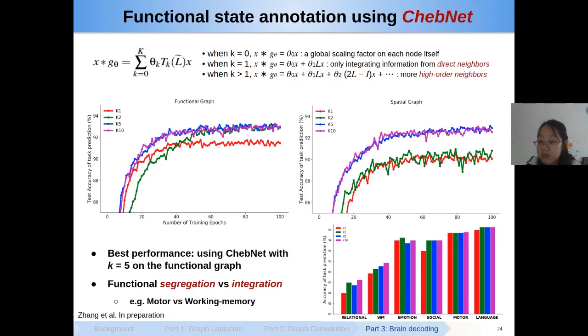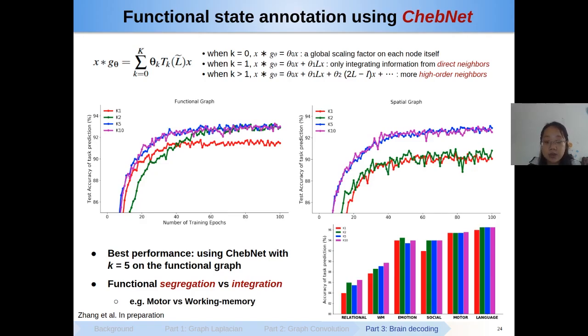But for other tasks, for instance working memory, which involves multiple different networks and functional modules, simply increasing k can increase the performance from 88 to over 90%.